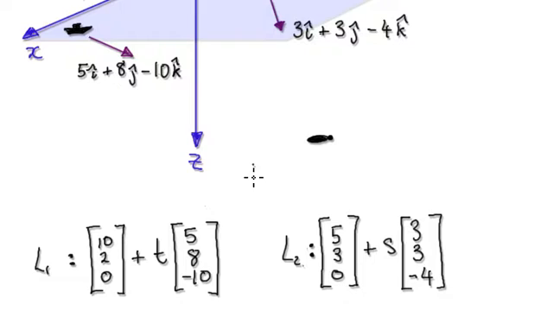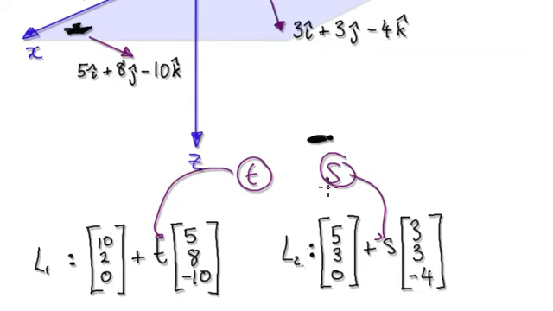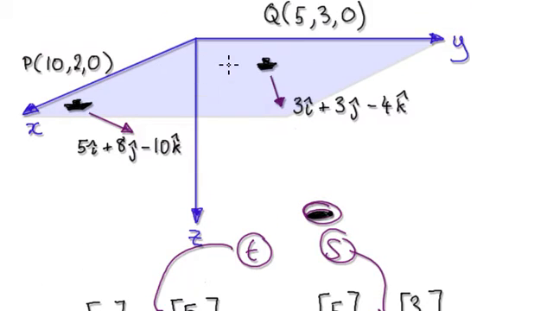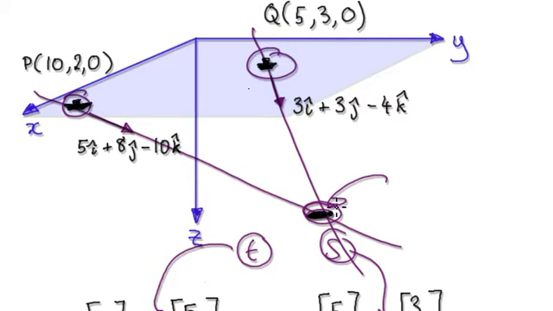So our job is to find out T and S. If you think about it, the location of the submarine must be the same for this line and for this line, because it's in the same location.